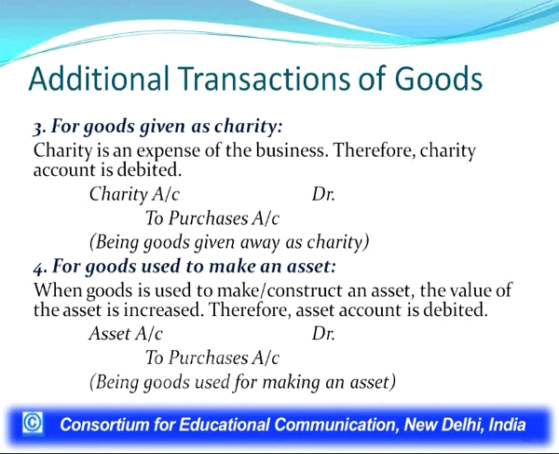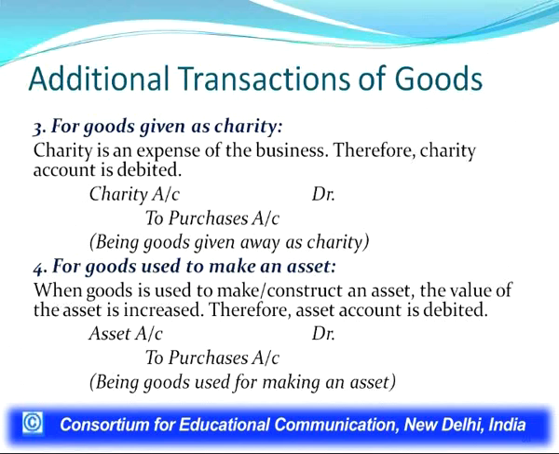Another case is when the goods are used to make an asset. The best example is the timber merchant. The timber merchant has timber for resale, but some of the timber has been used by him to make his own office furniture, table, sofa. Now the cost of that timber cannot be sold, as it became part of the furniture.